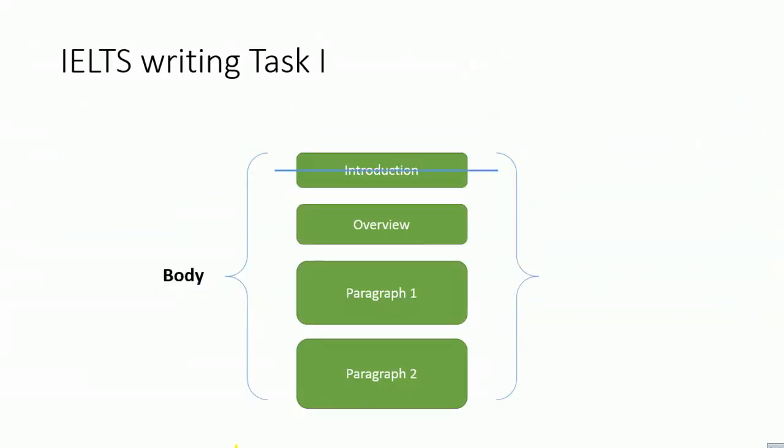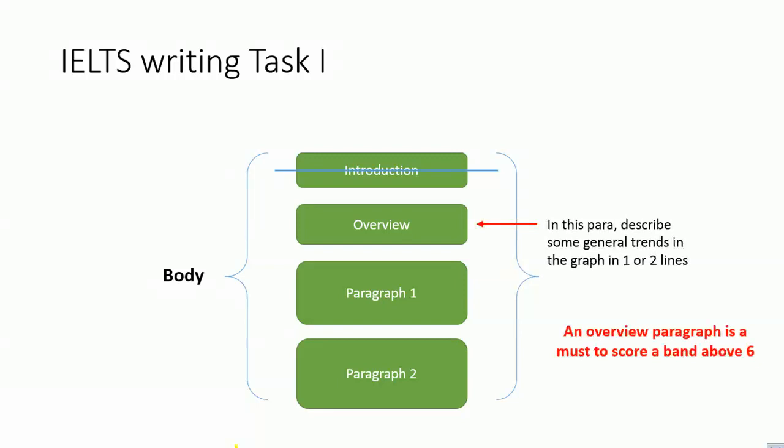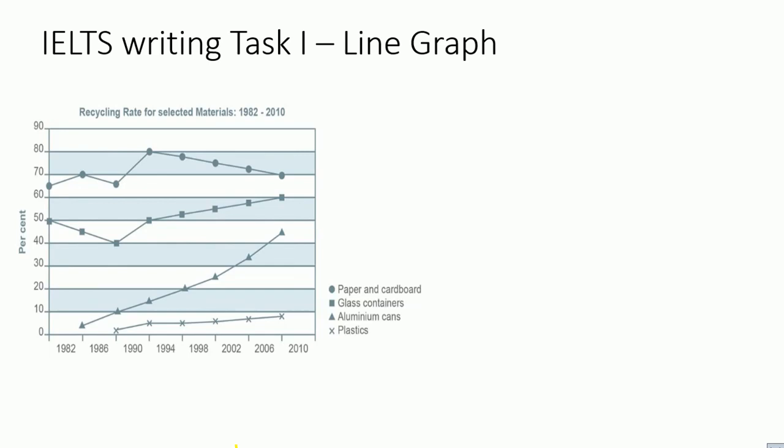So we have done our introduction part, and now it is time for the overview part. In this paragraph, describe some general trends in the graph in 1 or 2 lines. An overview paragraph is a must to score band above 6. So let's take a note of this. Here we go.